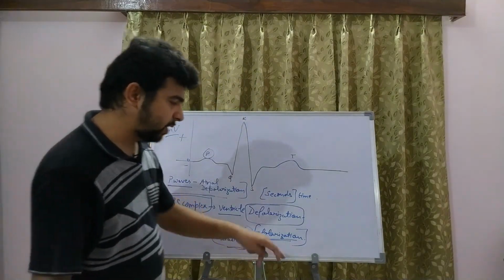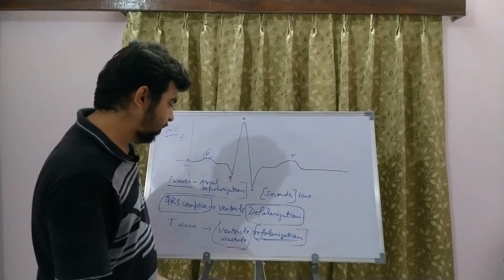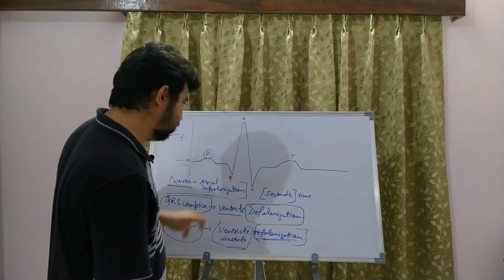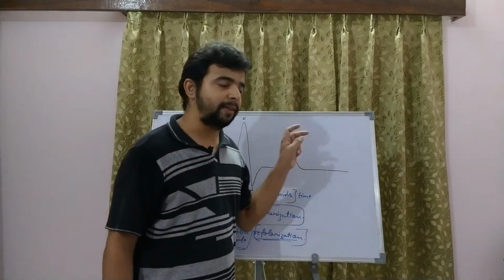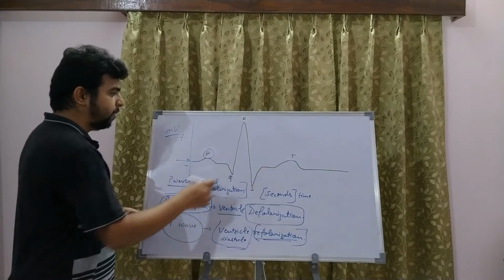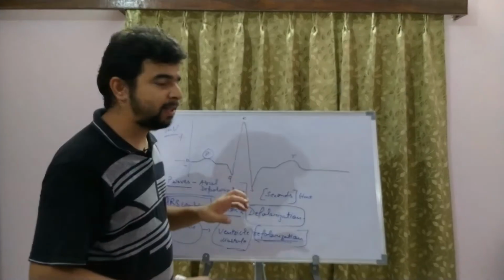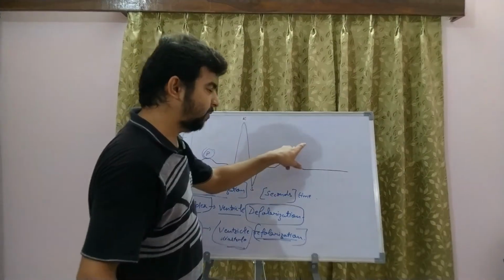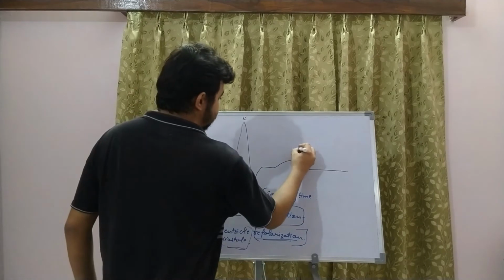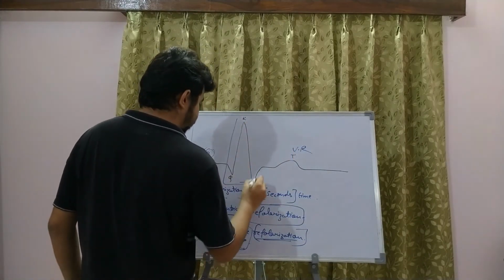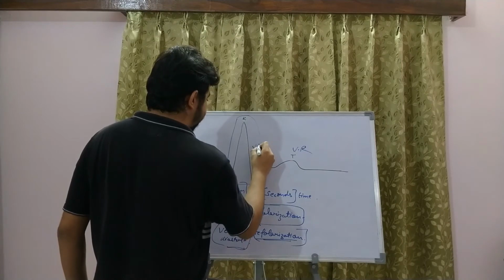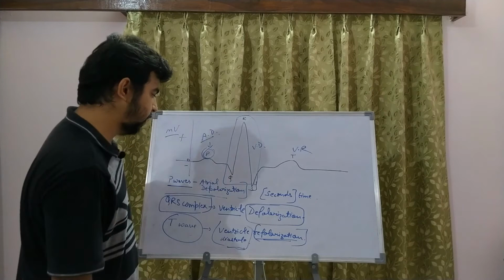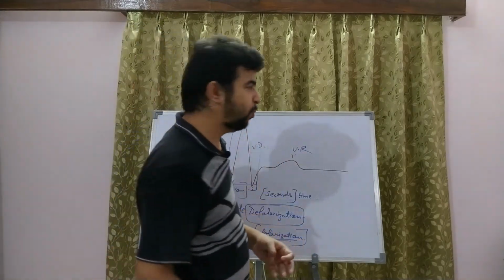Repolarization is basically the resting state for the ventricles, and it is represented by the T wave. So the deflection for ventricle repolarization is known as the T wave. These are the labelings, and you have to remember them: P wave, QRS complex and T wave. The T wave is for ventricle repolarization, the QRS complex is for ventricle depolarization, and P is for atrial depolarization.